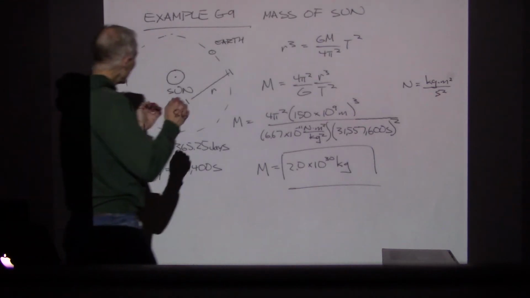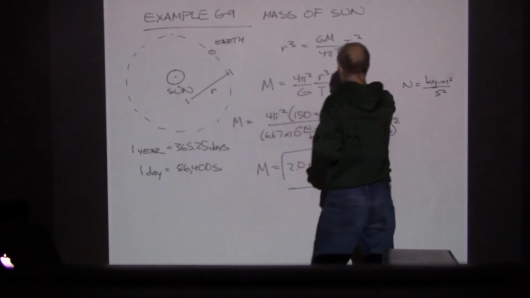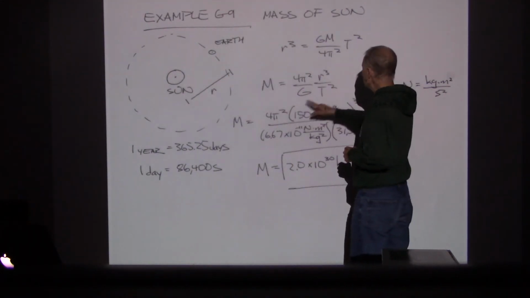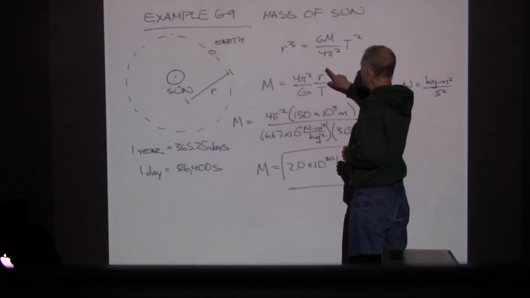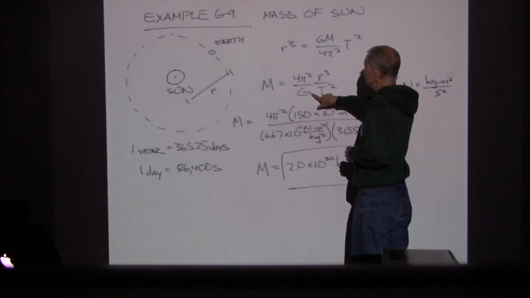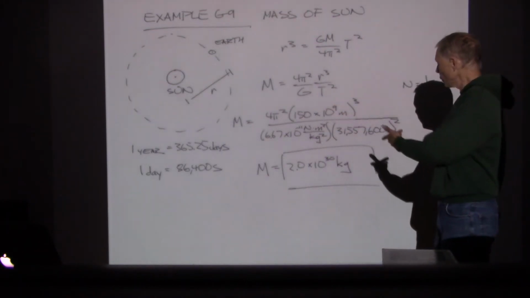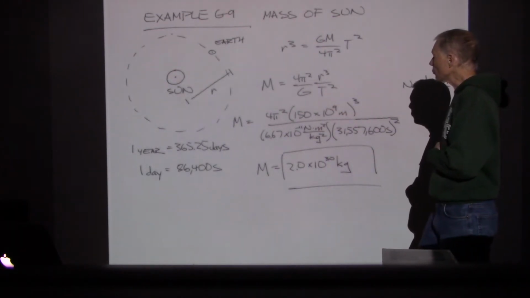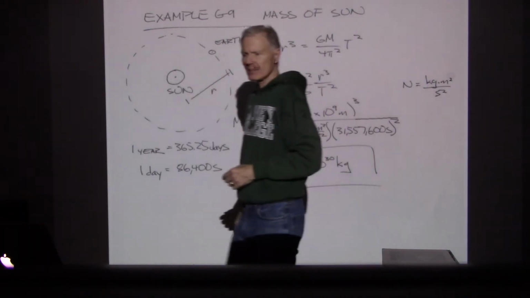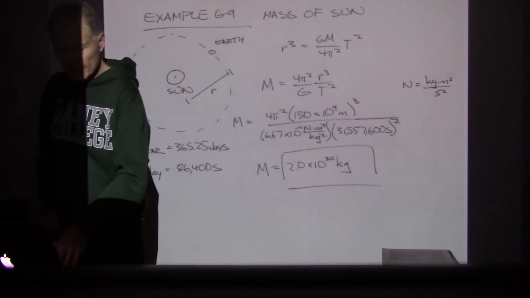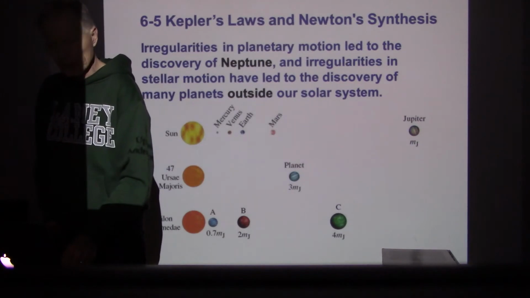And so by knowing orbital periods, and by knowing distances, and by doing careful measurements of the gravitational force constant, we can solve for the mass of that central object. In this case, the central object is the Sun.